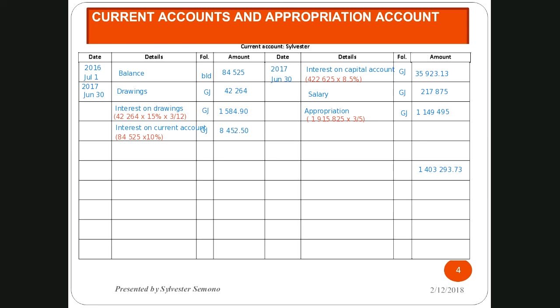And thereafter, we need to find the difference between the two sides. Remember how to balance the account, and the difference obviously is going to be on the credit side. We're going to call this balance carried down. Balance carried down must be the difference between the sides. So you just have to take 143,293 minus everything on the debit side, and then we get an amount of 1,266,466.